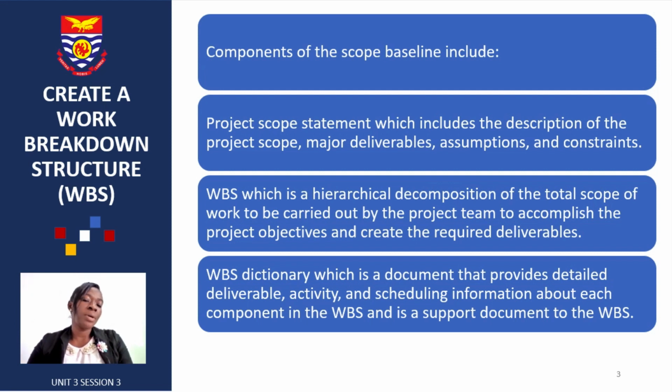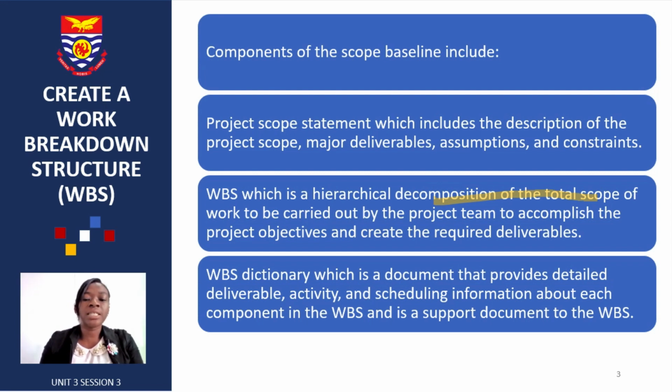And the work breakdown structure looks at a hierarchical decomposition of the total scope of the project to be carried out by the project team in order to accomplish the objectives set, and then meet the various required deliverables.